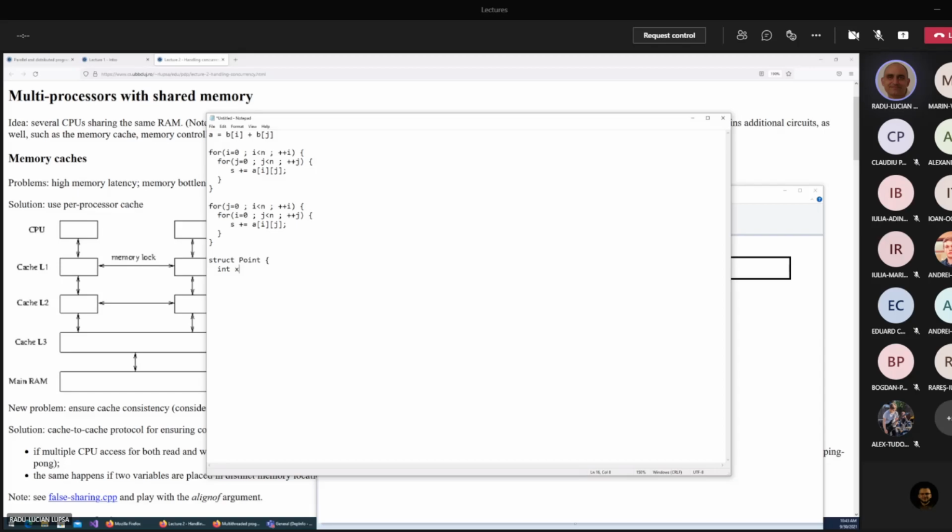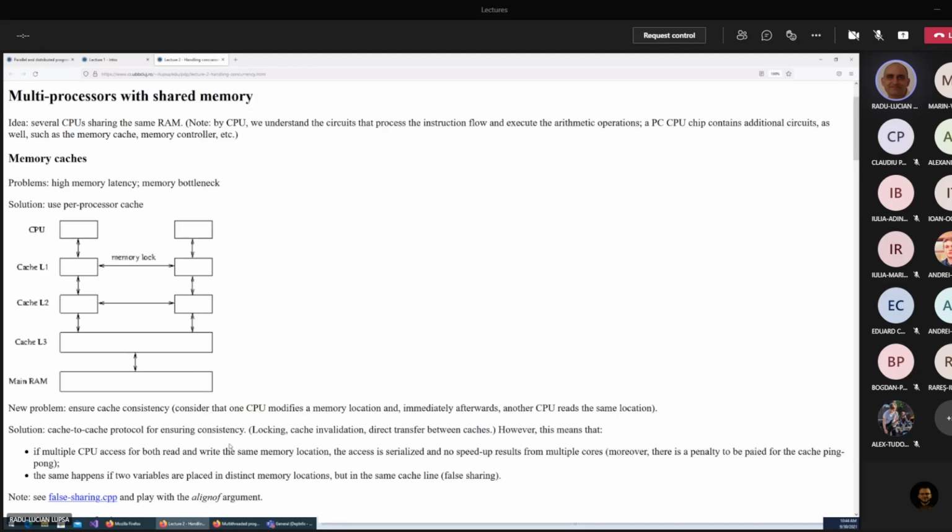And depending on the most used case in the operations you have, this one may be better or that one may be better. If typically you do some processing on both coordinates of a point, then this one would be better. If you have some processing involving only the x's and then only the y's, then of course this one will be better.